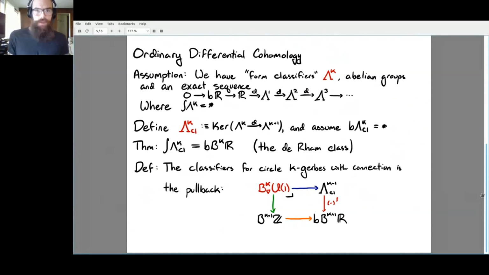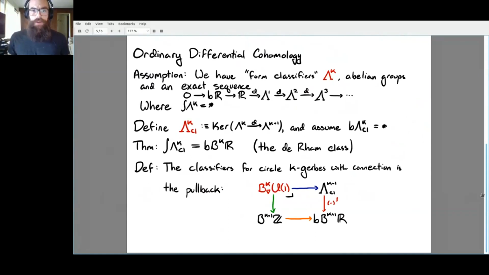So to go to ordinary differential cohomology, we have to add some differential aspects to our theory, and we'll do that in the form of this assumption here. It turns out that this is also quite abstract, so I'm going to present it in the abstract way. We're going to assume that we have form classifiers, and externally these would be the sheaves that send a smooth manifold to its set of K-forms.